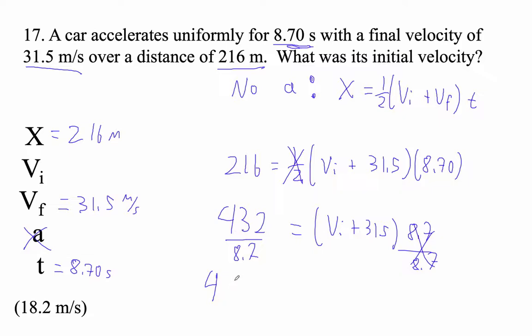And I get 49.655 is the initial velocity plus 31.5. Now I can get rid of the parentheses. There's nothing multiplied by it or divided or anything. So now I can ignore the parentheses, and then to solve for VI, I'm just going to subtract 31.5 from both sides, right?